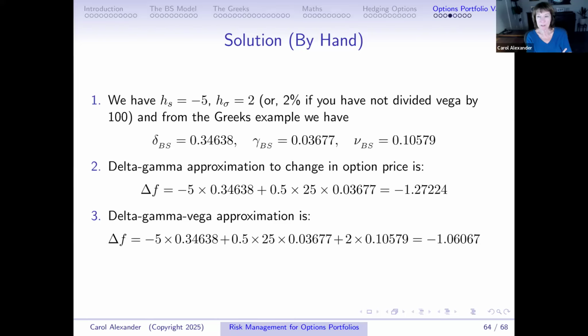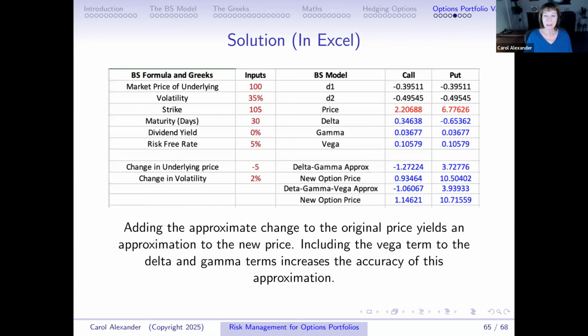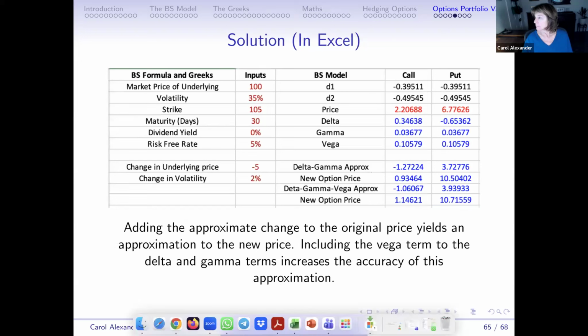So that's -1.27224. And then adding on another term for the vega, that gives us 2 for the h sigma times the vega, which is 0.10579. We can also look at the solution in the Excel file. So let me do that now.